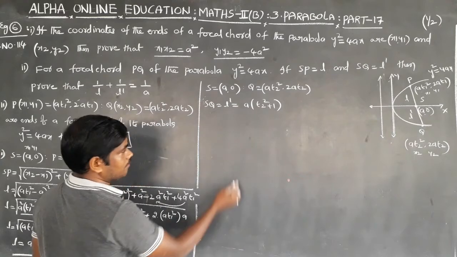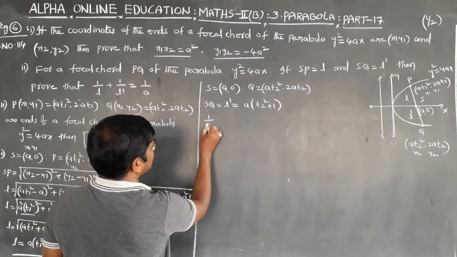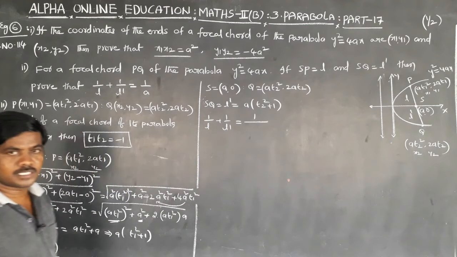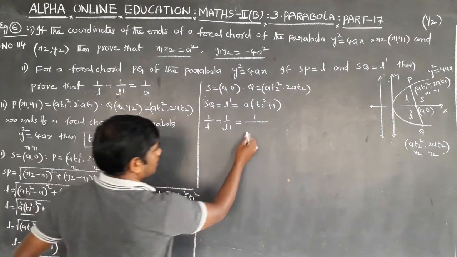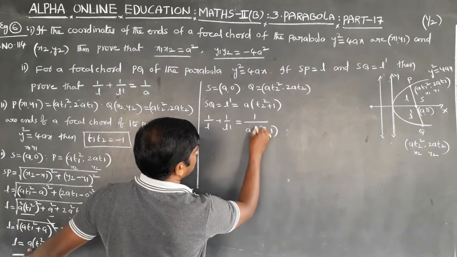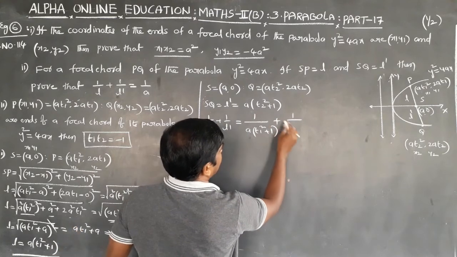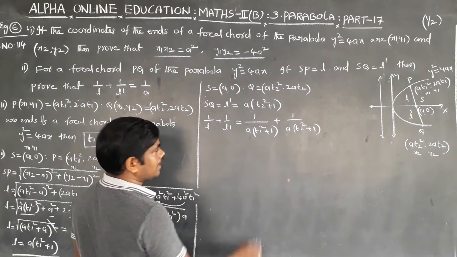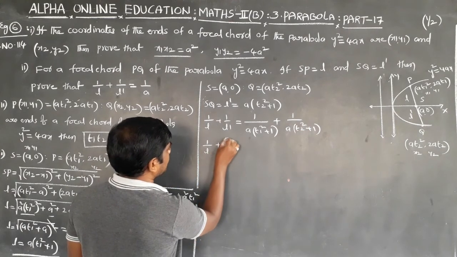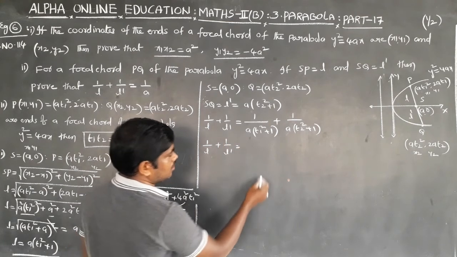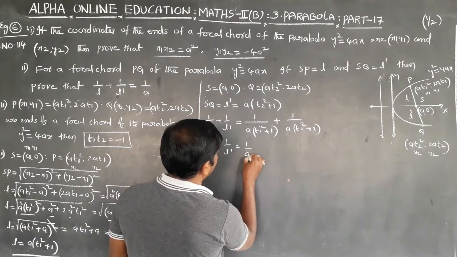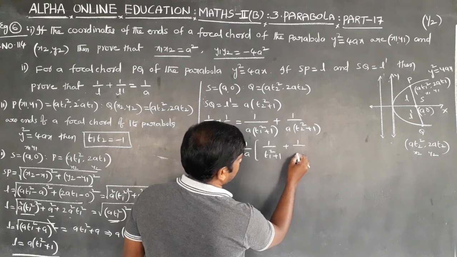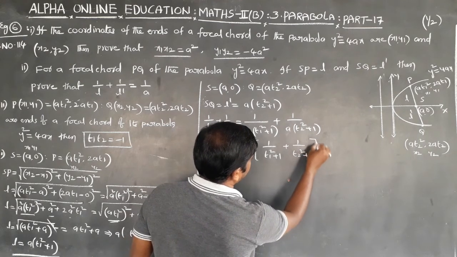Here find 1 by L plus 1 by L dash. 1 by L is 1 by a into (t1 square plus 1), plus 1 by L dash, which is 1 by a into (t2 square plus 1). So 1 by L plus 1 by L dash is equal to 1 by a, common, times 1 by (t1 square plus 1) plus 1 by (t2 square plus 1).